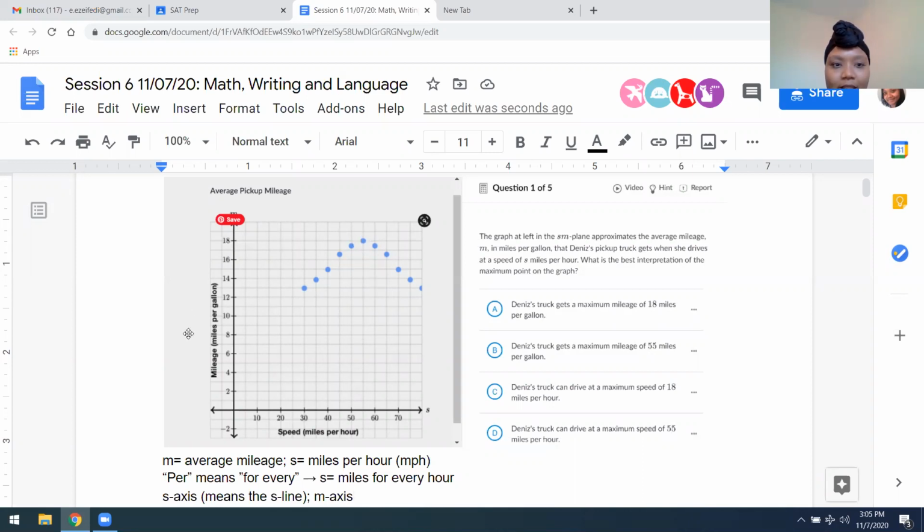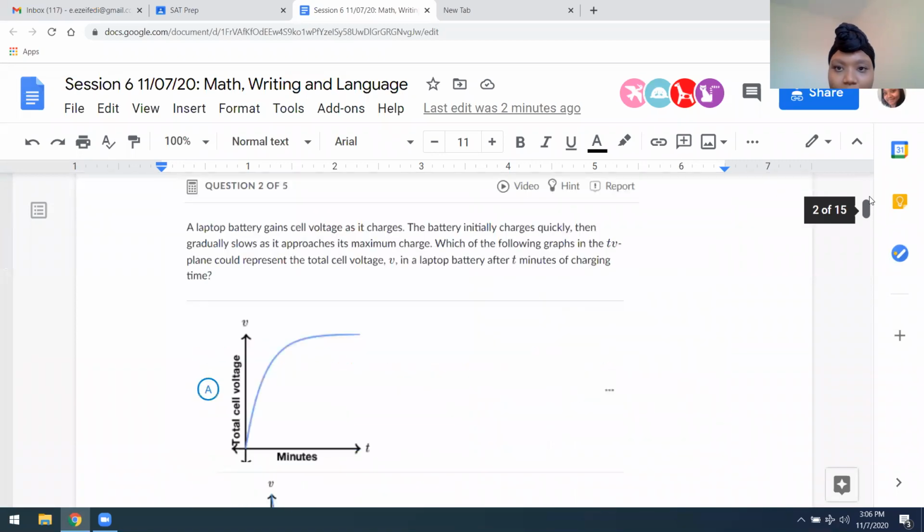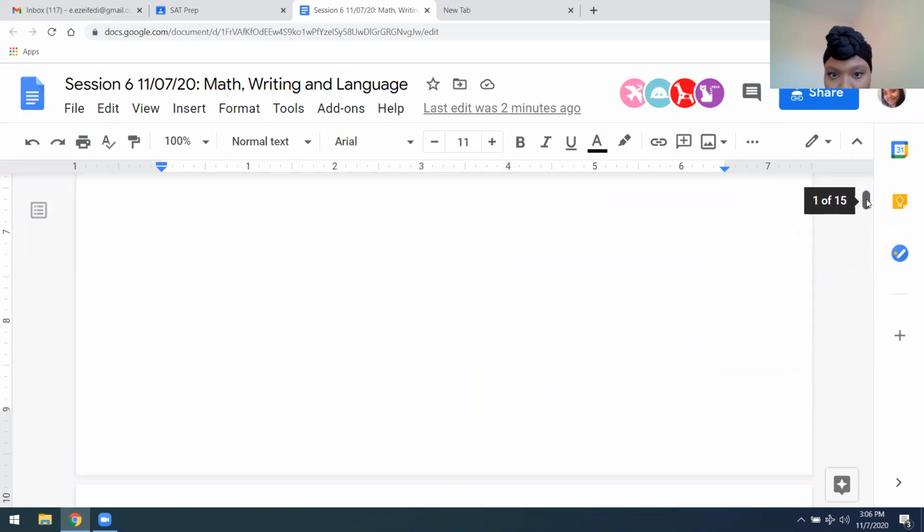Before we get to 18 miles per gallon, we see that as the speed increases, the mileage is also increasing until you get to 18, the mileage number. After that, as the speed increases, the mileage is actually decreasing. So that means that the best mileage her truck can get is 18. So we'll go to the next problem. Sorry, choice A is the correct answer.